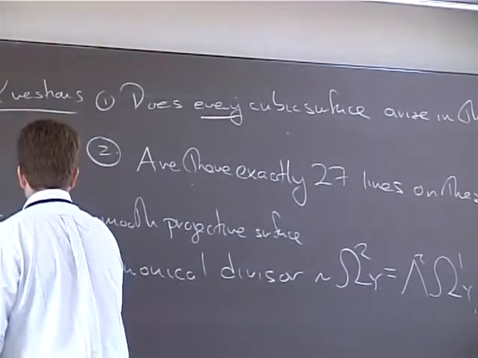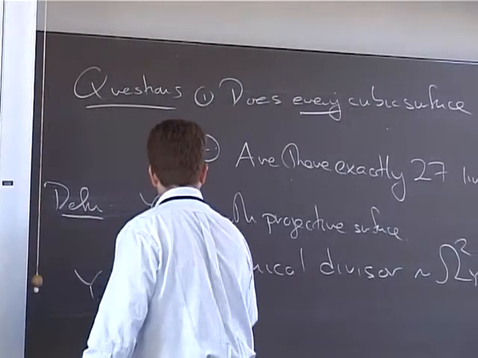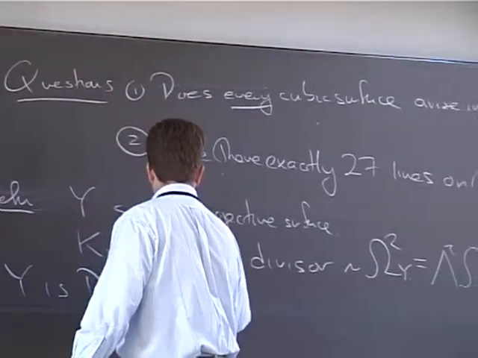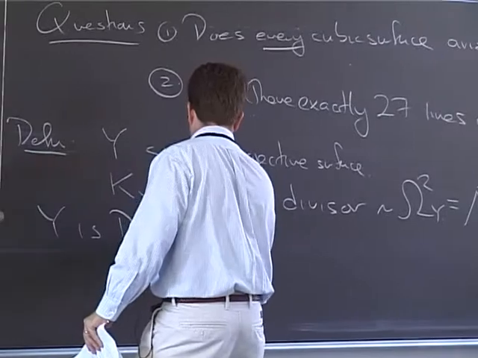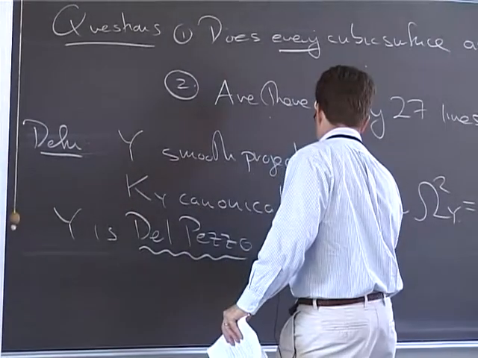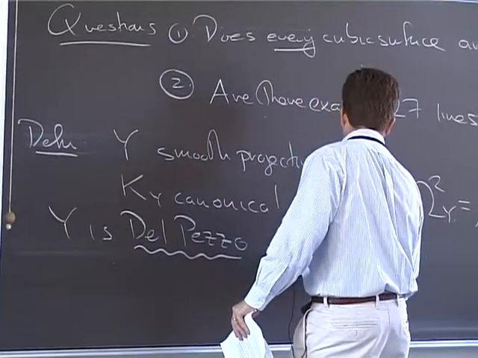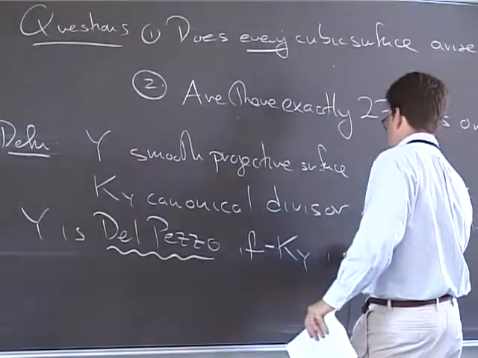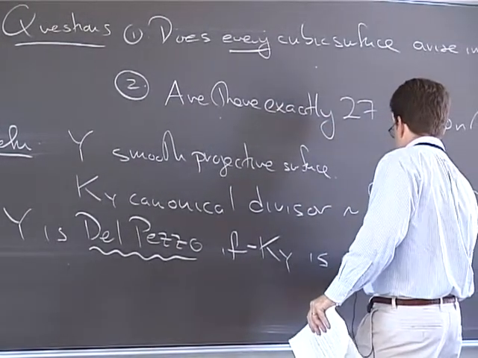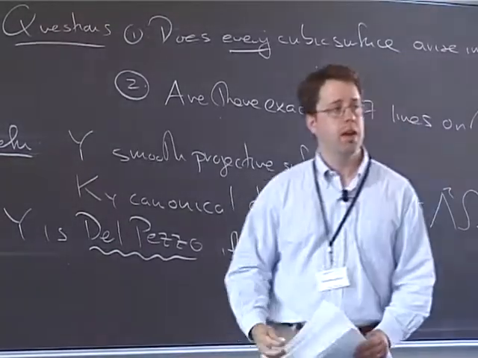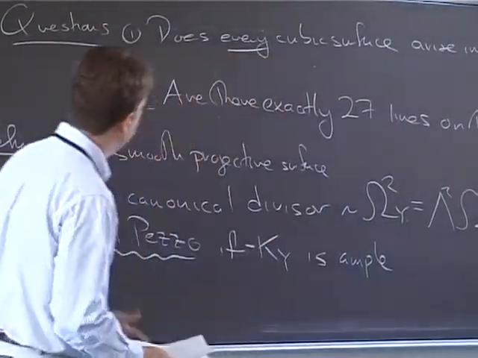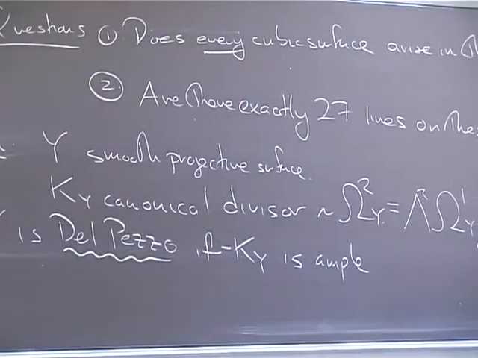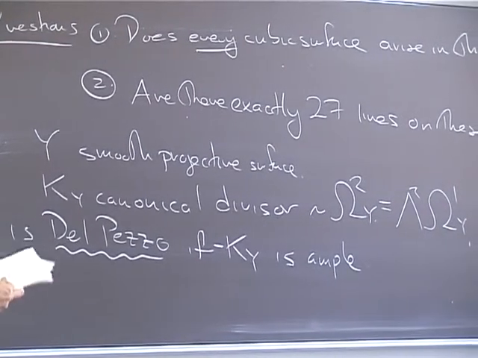So we say that Y is del Pezzo if minus K_Y is ample. That is, if some large power of the anti-canonical bundle embeds the variety into projective space.